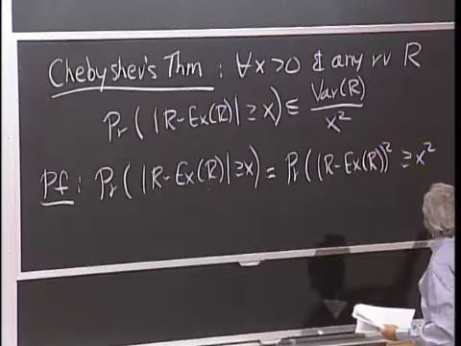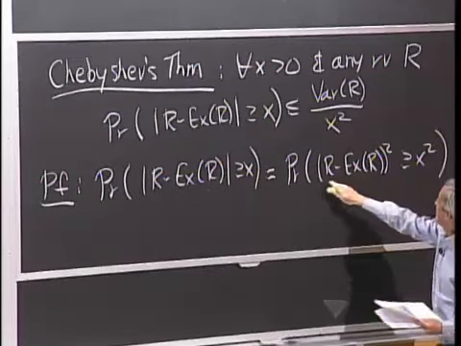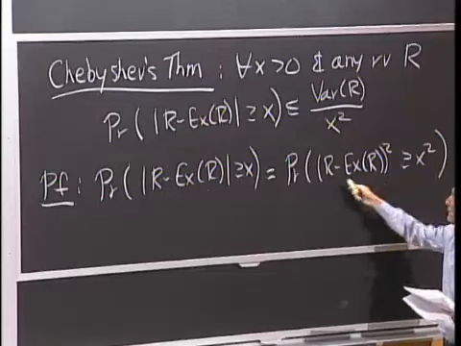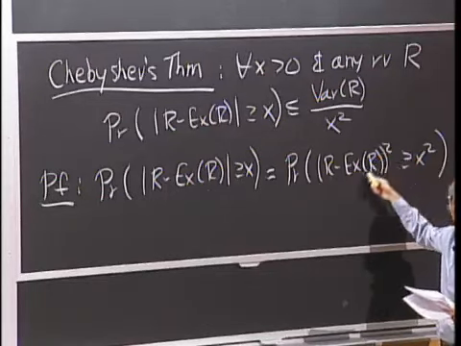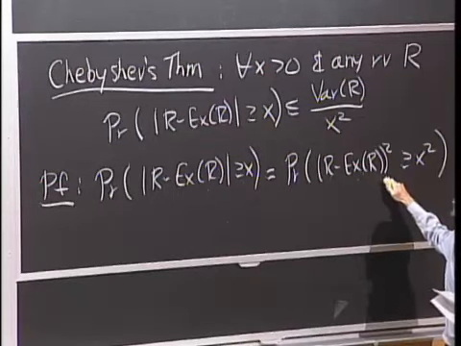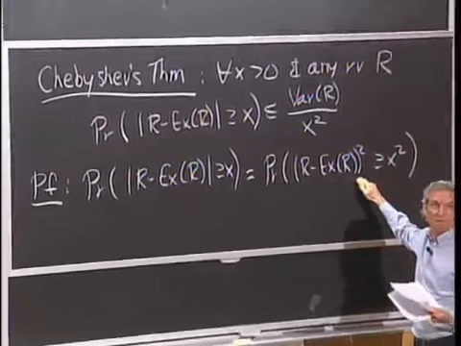Now, I'm going to apply Markov's theorem to that random variable. It's r minus expected value squared, so it's a random variable. And what's nice about this random variable that lets me apply Markov's theorem? It's a square, so it's always non-negative.